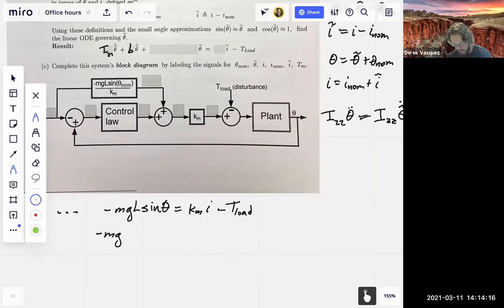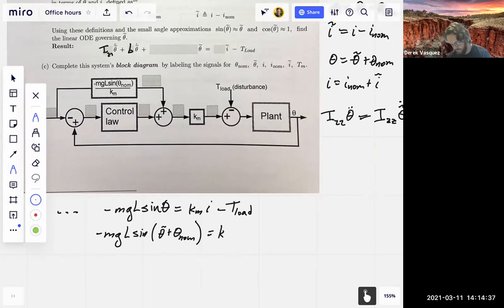So minus mgl, because we want this in terms of our theta tilde and our I tilde. Sine theta is going to be equal to theta tilde plus theta nominal.